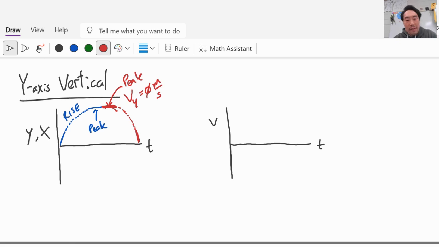If you have a position versus time graph that's curved like this, that means there is an acceleration involved, and here it is the acceleration due to gravity. Here a_g is officially negative 9.8 meters per second squared, but for the sake of the math in our class, I will always round that to negative 10.